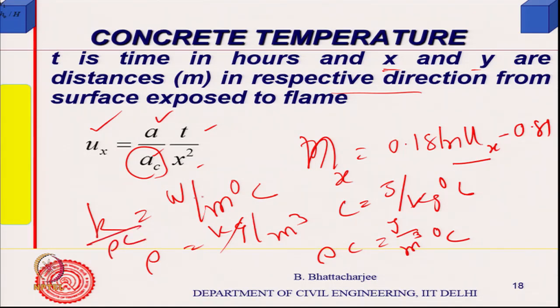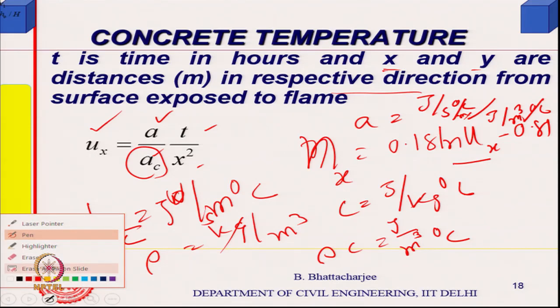So thermal diffusivity a is joules per second meter degree centigrade divided by joules per meter cube degree centigrade. So degree centigrade cancels out, and there is a meter here, and a meter there. Actually you can see a is simply meter square per second.